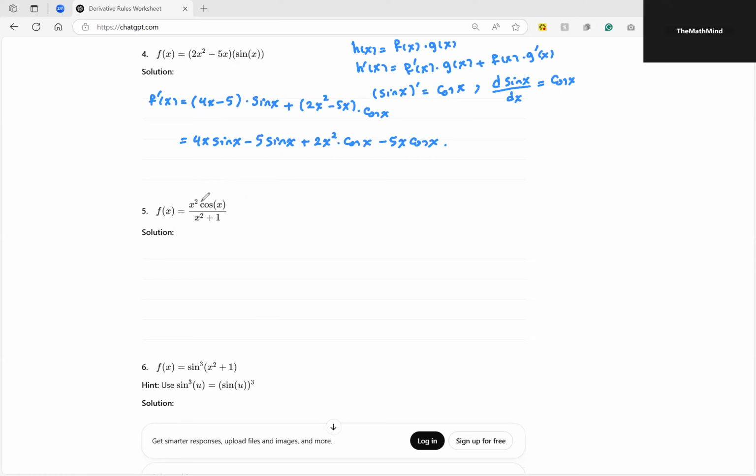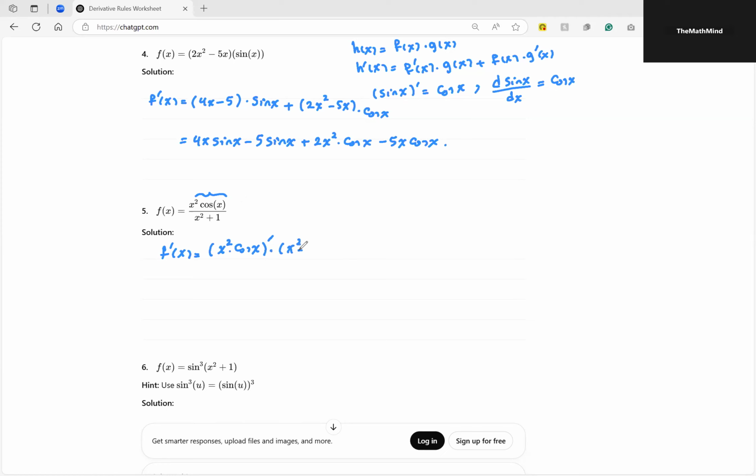And then when we want to take the derivative of the top, we should use the product rule. So f prime here is the derivative of the numerator. So it's going to be x squared times cosine x. I'm using this prime here, and I will take the derivative in the next step.